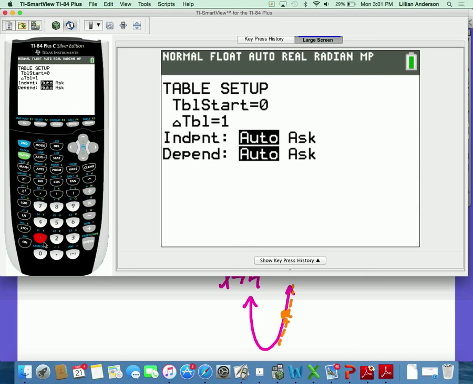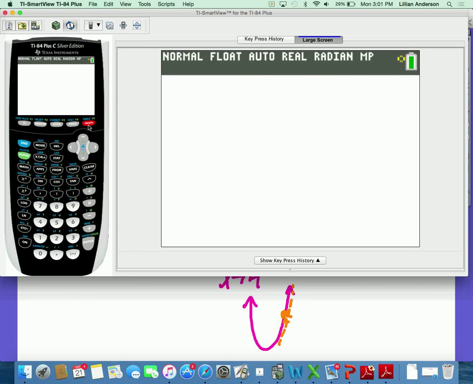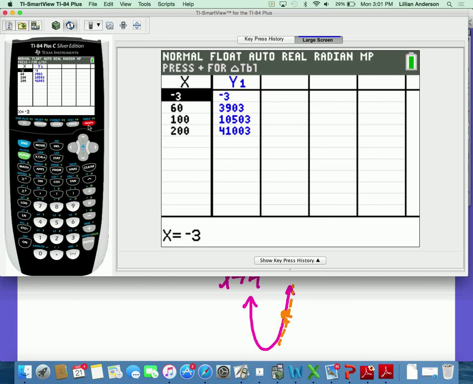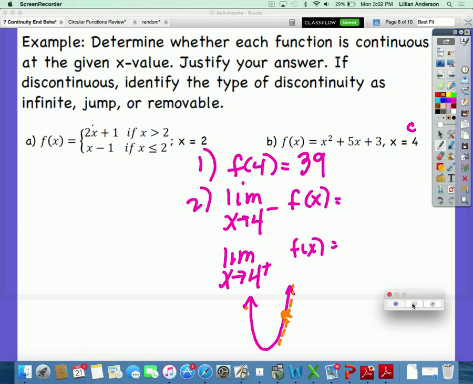Wait, so where do we have to hit second graph? Hit second window first. Make sure it looks like this. And then we're good. Hit second graph. Your first number was 0. Look at your table. Go further down. Get closer to 4. Okay?